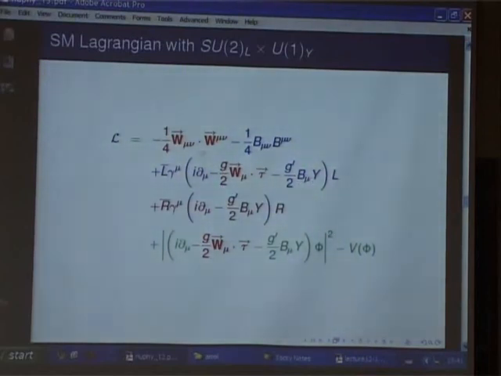Then you add the kinetic term for B. Then you add SU(2), which means you add these W terms, and you add the kinetic term for W, and that's it. So this part of the Lagrangian is no problem. So this is the so-called gauge part of the Lagrangian.